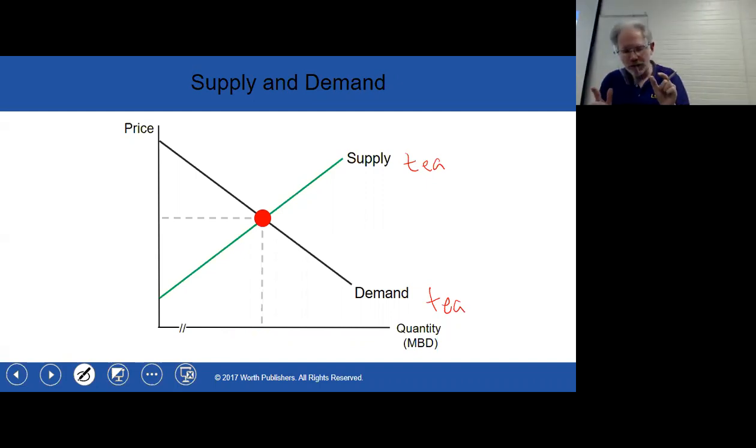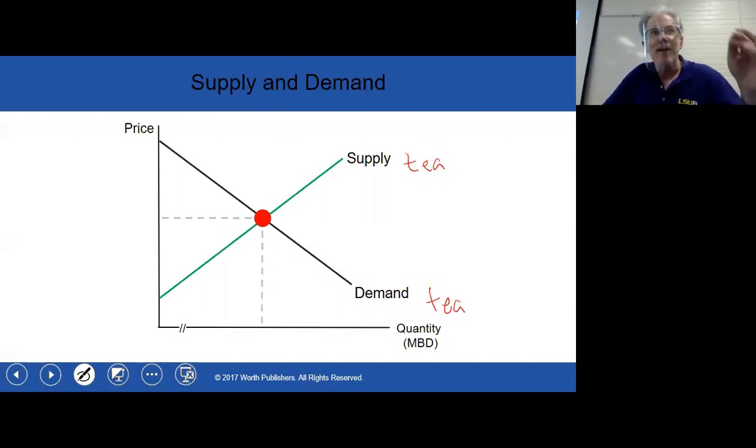What's the relationship between tea and sugar? It's a complement. They're complements, okay? Because people tend to use them together. Okay? If they're complements, then it is the consumer who's going to be directly affected. Okay? Maybe the price of tea was $3 a pound before, and now it's $30 a pound.